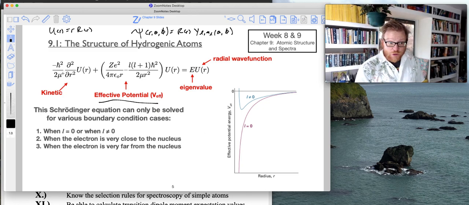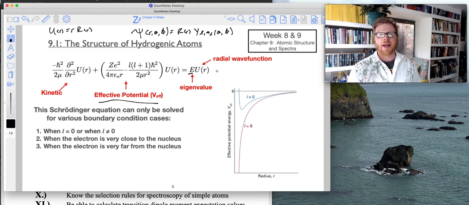So I have a Schrodinger equation, right? This is my Schrodinger equation. There's my eigenvalue and my radial wave function that I need to solve for. And once I solve for that radial wave function, once I find a solution for u of r, then I can multiply it by r, or excuse me, I would divide it by r, rather.